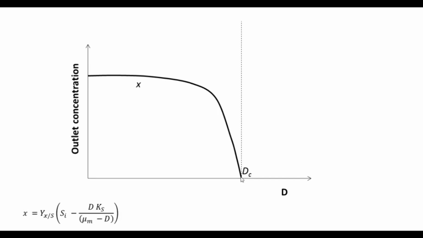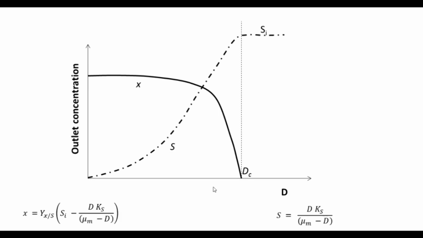The cell concentration is 0. And from the expression that we derived, S equals D Ks by mu m minus D, the substrate concentration goes something like this. It reaches the substrate concentration in the inlet at the critical dilution rate.